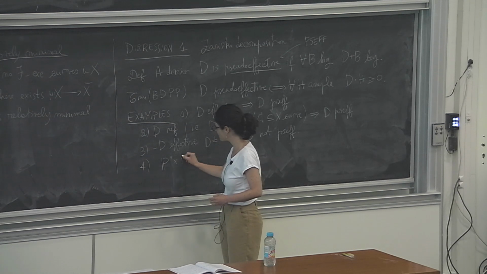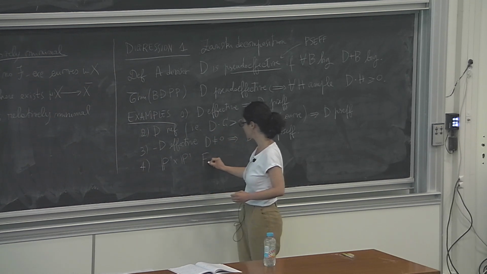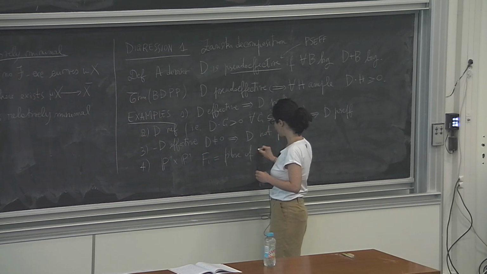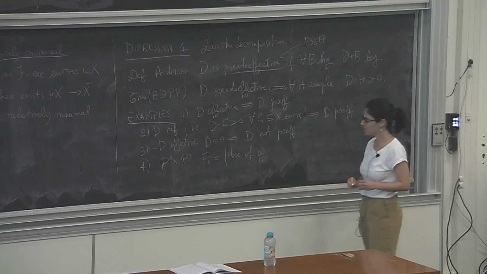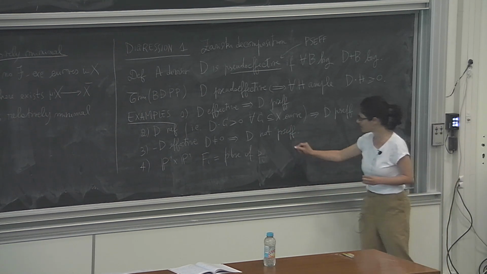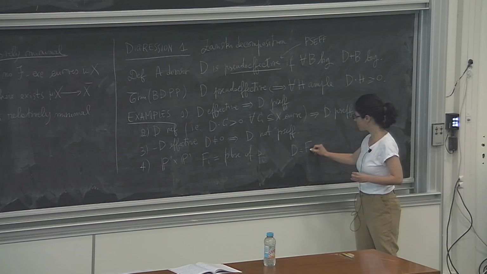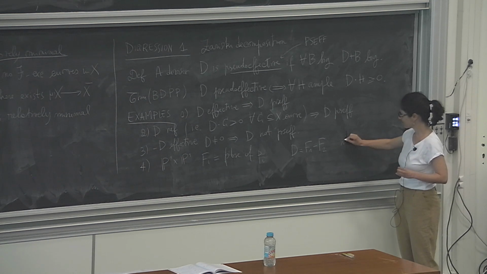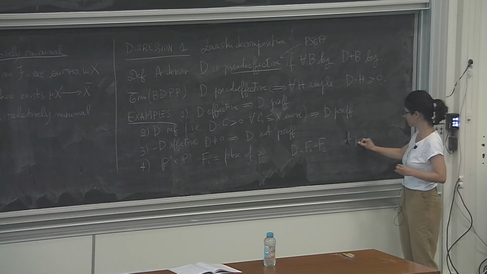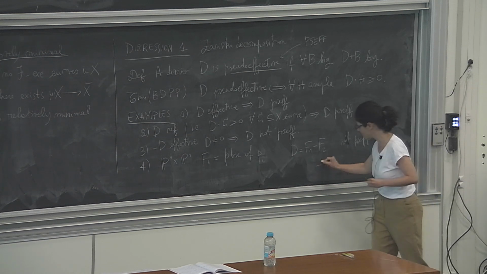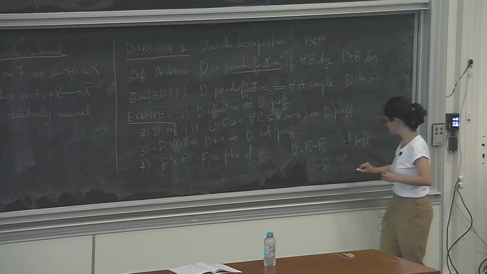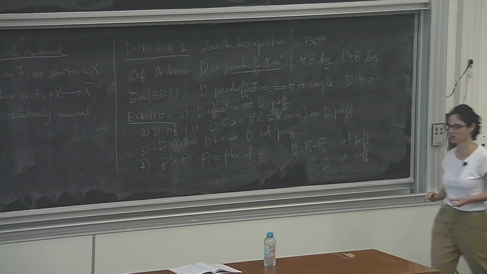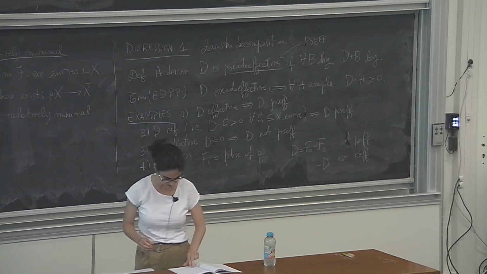We'll consider P1 cross P1, and F_i, the fiber of the projection onto the ith factor, and we'll take D equal to F1 minus F2. This is not Psef. And also minus D is not Psef. Okay? Just to have something in mind.